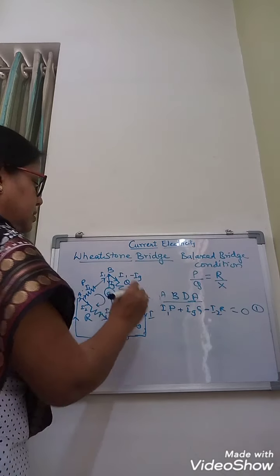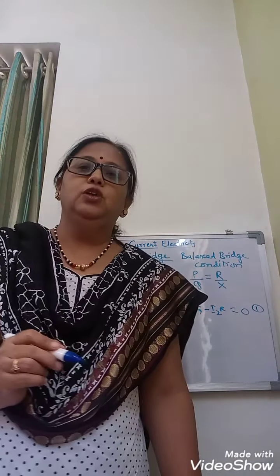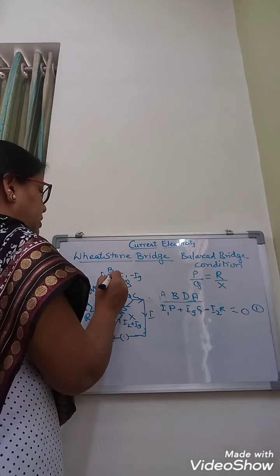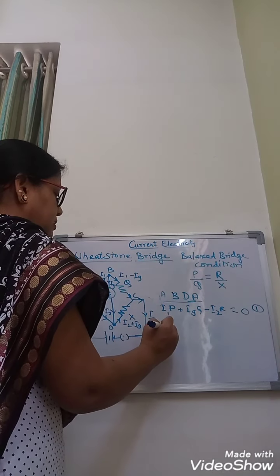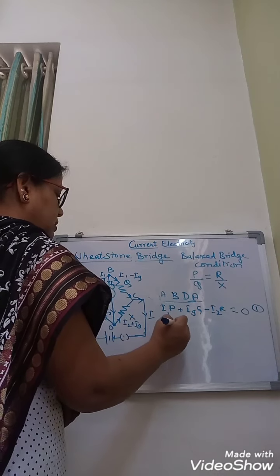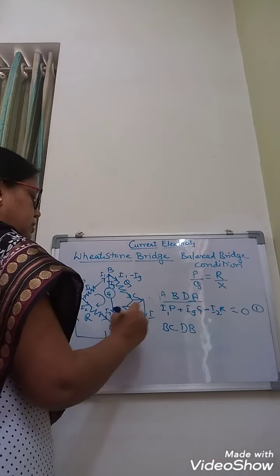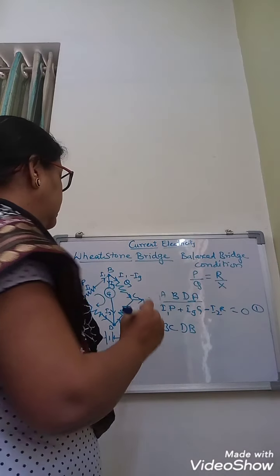Now we apply the same type of loop rule, Kirchhoff's loop rule, to the second loop. What is our second loop? Let us take it as B, C, D and B. Let us apply it here.